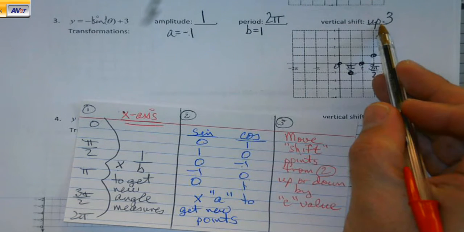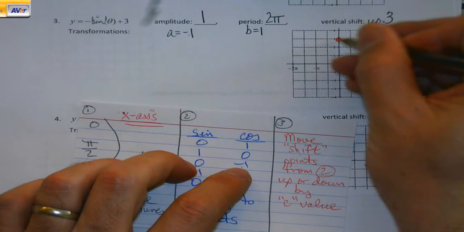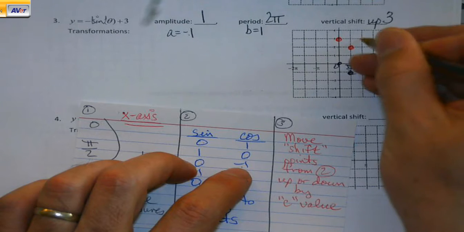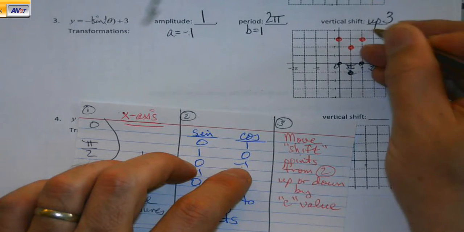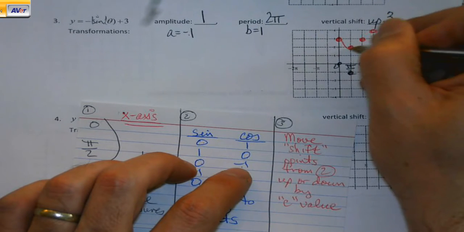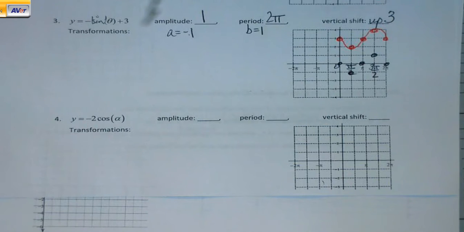Now that I've got those, I'm going to do my shift. Up 1, 2, 3 for each of the points, and I move those.